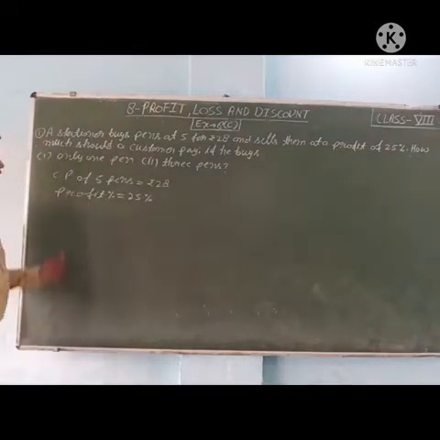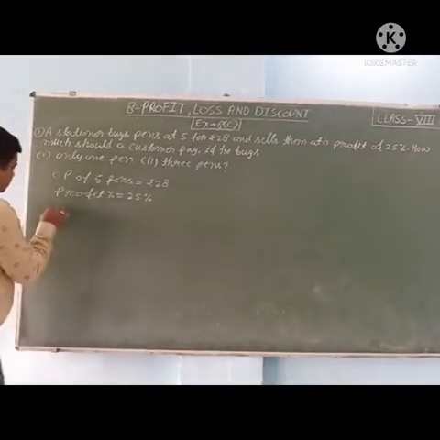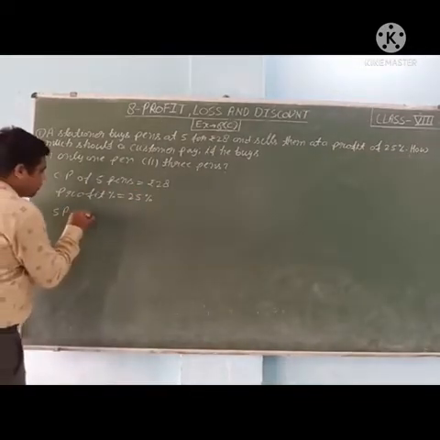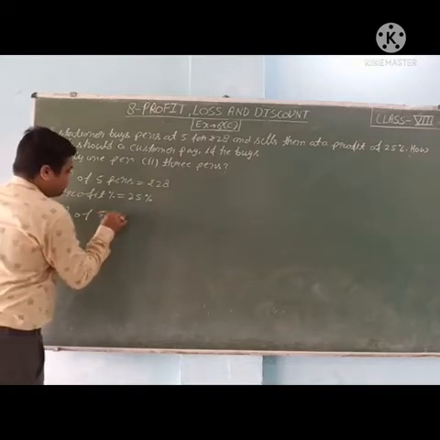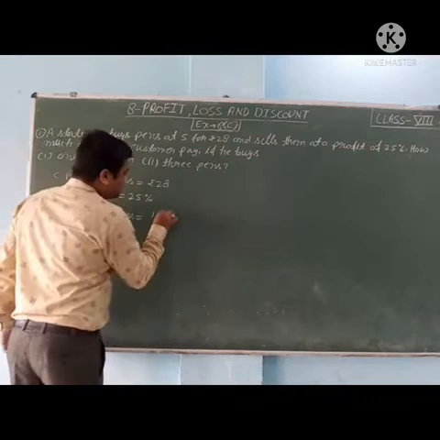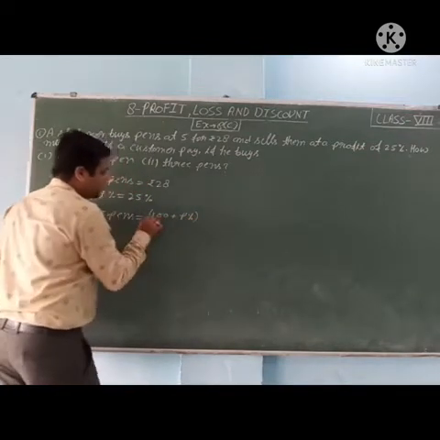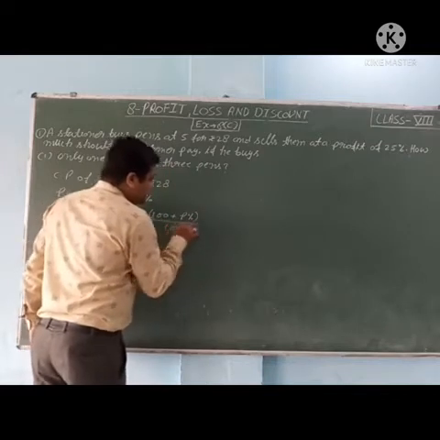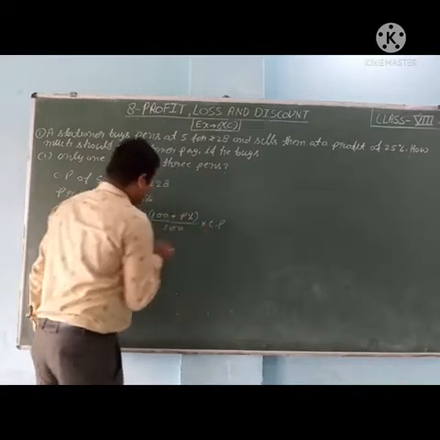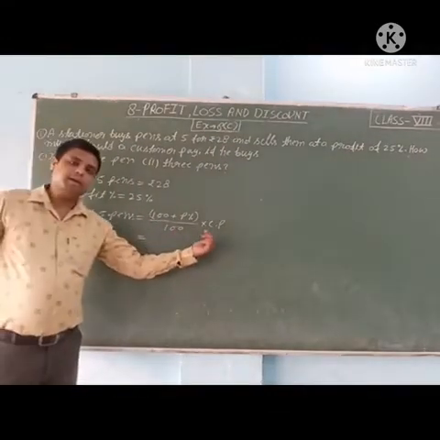Then first we will find the SP of 5 pens. Selling price of 5 pens is equal to (100 plus profit percent or gain percent) upon 100 multiplied by CP. This is the formula of selling price.